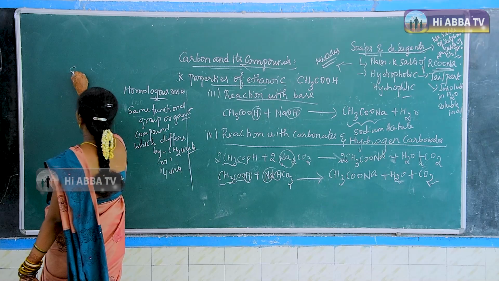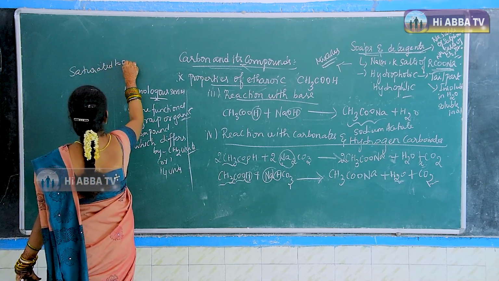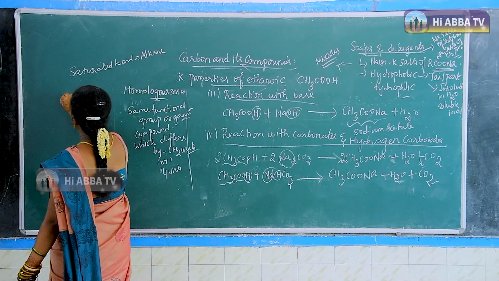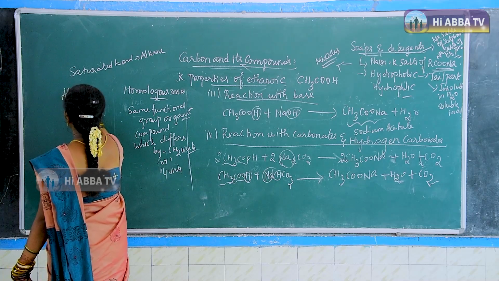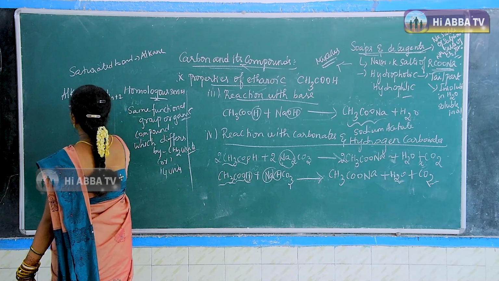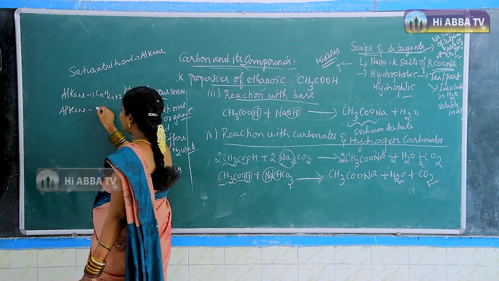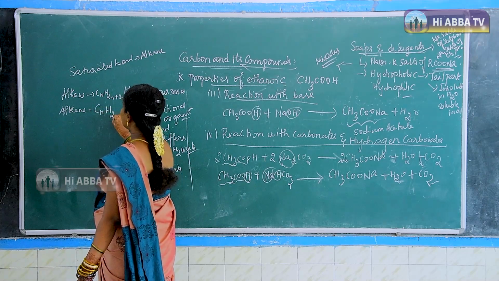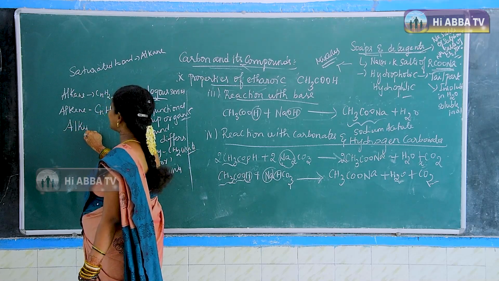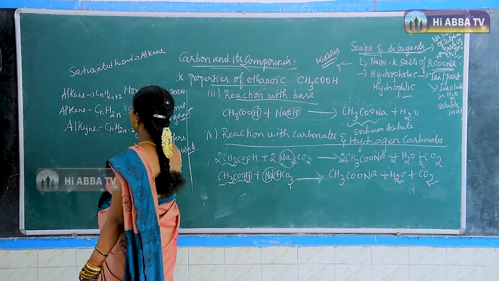And a saturated bond is termed as alkane. An alkane general formula we have to notice: CnH2n plus 2, whereas a double bond means alkene, it has the general formula CnH2n, and with the triple bond it is termed as alkyne, which is CnH2n minus 2.